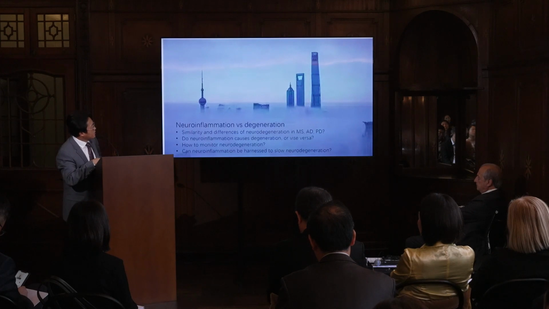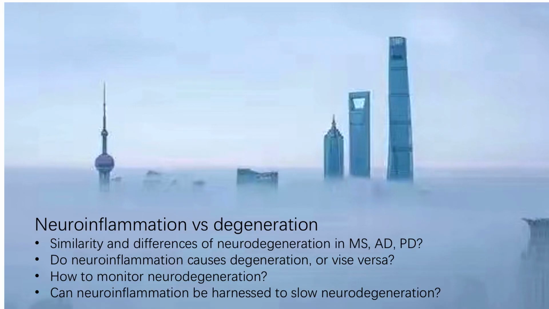Well, this is my last slide. I don't think I provide any answer to this question, the similarities and differences of neurodegeneration across these conditions. And we do think that inflammation causes degeneration or vice versa. And we have some tools to monitor the degeneration, but those tools are far from ideal.